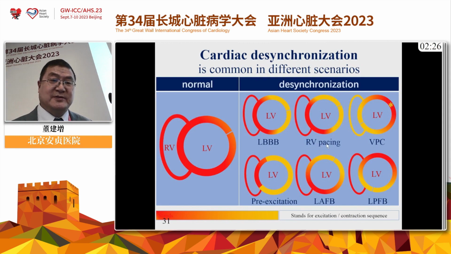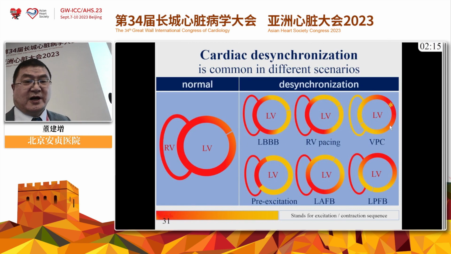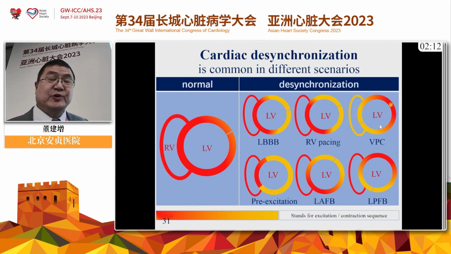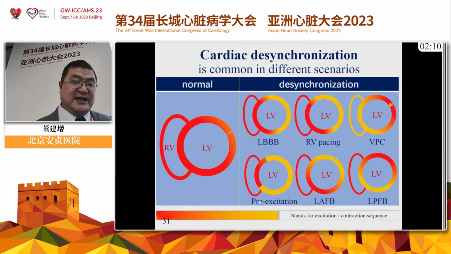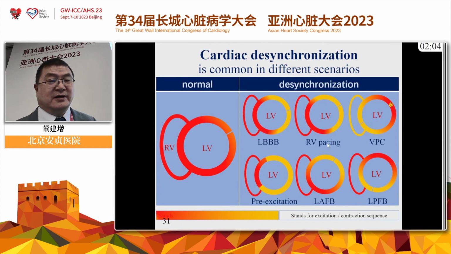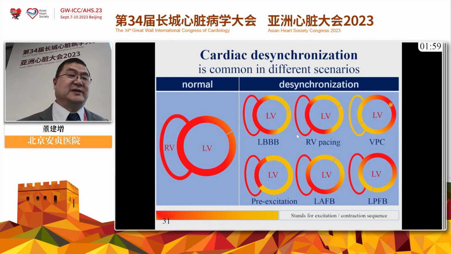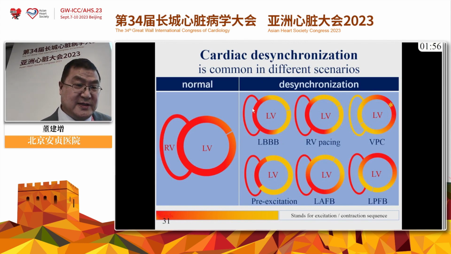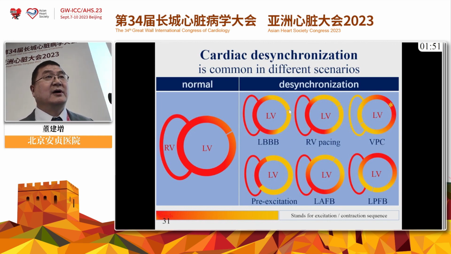Many scenarios can result in dyssynchrony in the left ventricle, not just left bundle branch block. Left bundle branch block, right ventricular pacing, high burden ventricular premature contraction, pre-excitation, left anterior fascicular block, and left posterior fascicular block can result in the left ventricle not being activated simultaneously, where usually some areas are activated early and some segments are activated and contracted late.